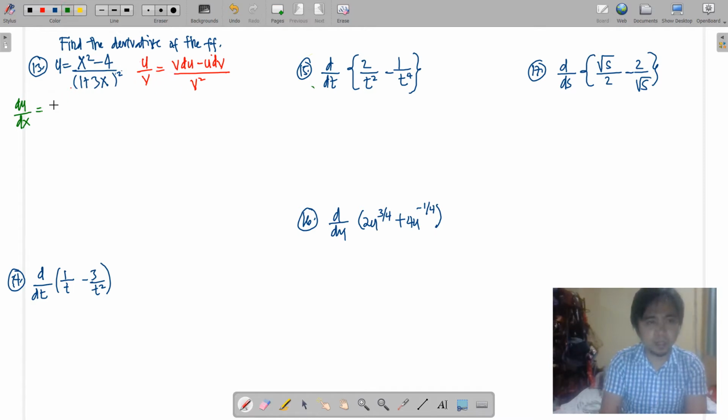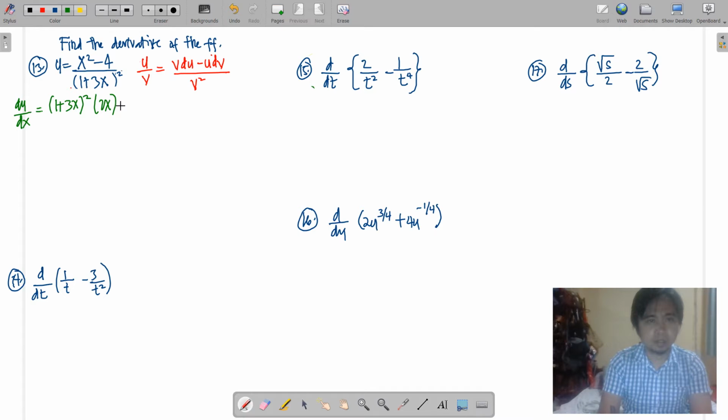So our v is 1 plus 3x, squared. And then derive the numerator. The first term is x squared, so bring down the 2, copy the x, with an implied 1. The derivative of 4 is 0, so I do not need to place that.